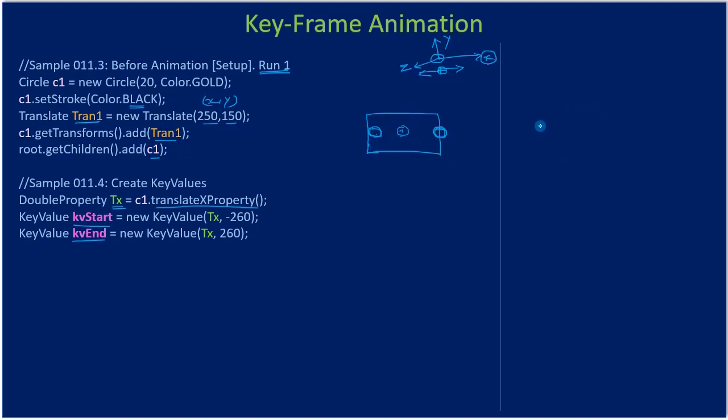So we defined our KeyValue start and end location. So KV1, this is a translation, right? KV1 is minus 260 and KV2 is plus 260, right?